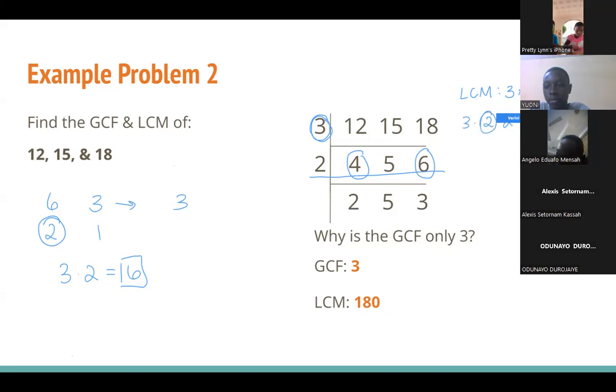We still have this pair of 2's that are common, but we only want to count common numbers once, right? So instead of having these 2's happen twice, we only want it to happen once. So it should look like 3 times 2 times 2 times 5 times 3. This should be what our LCM looks like. Does that sort of make sense?